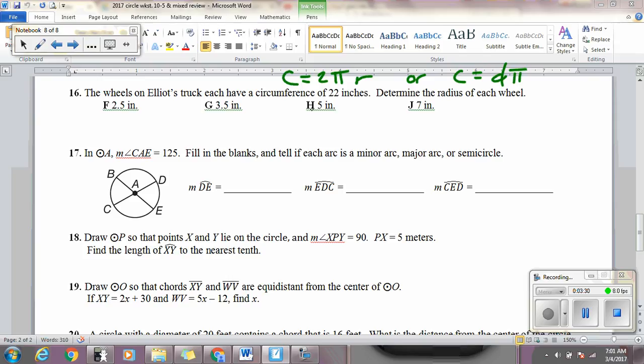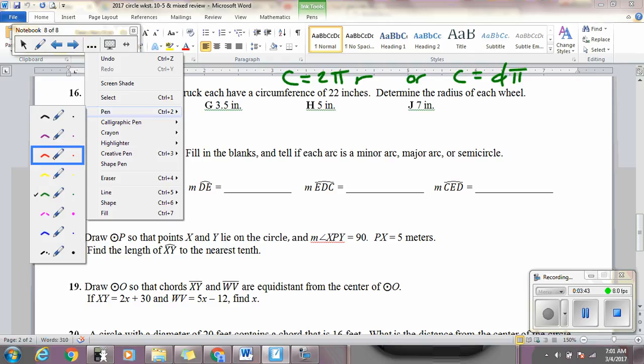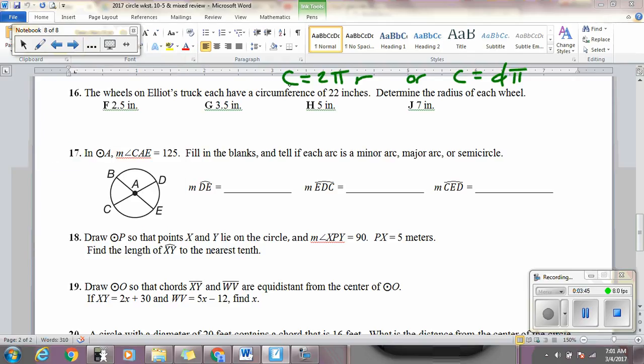But since we're looking for the radius, it's probably best that we use 2 times pi times radius. So they give us the circumference, 22. In our formula where we see C, we're going to replace it with 22. So we're going to put 22 is equal to 2 times pi times radius.